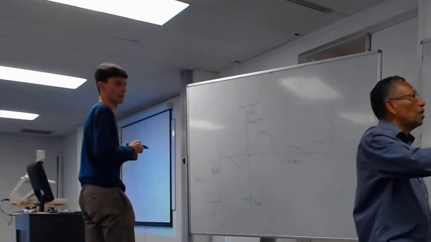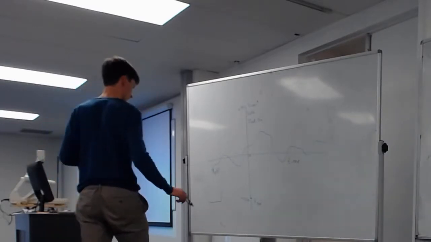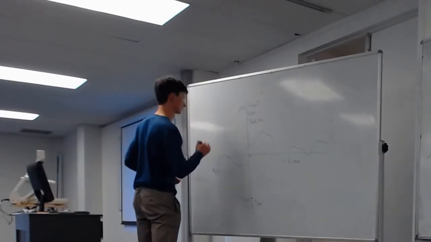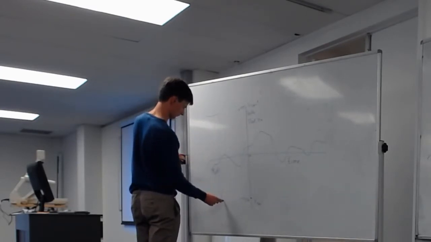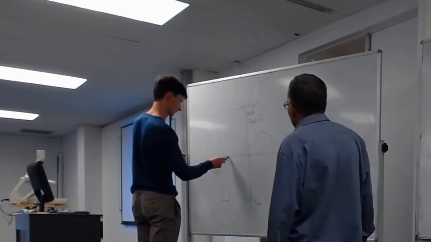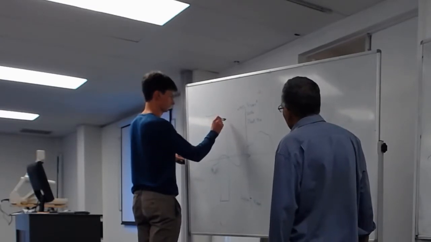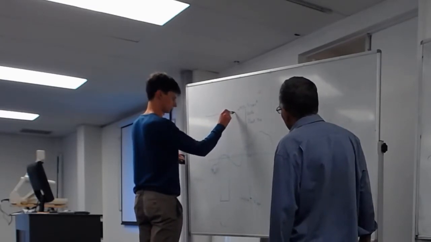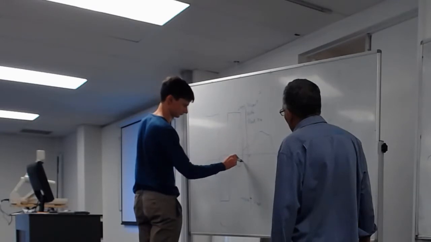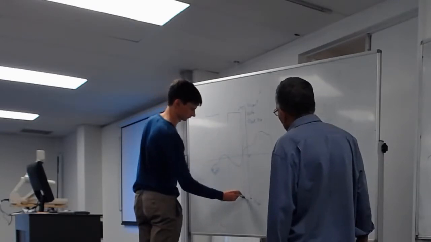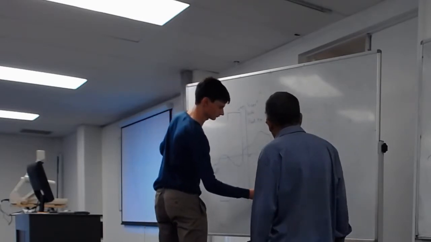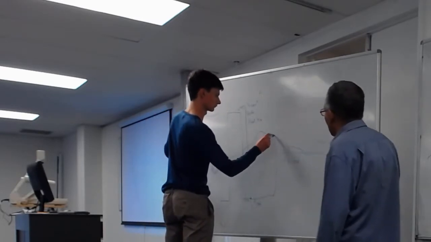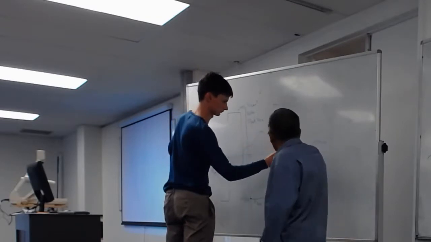If your input voltage is negative, then this is smaller than this. It'll go on until that, at every zero crossing.